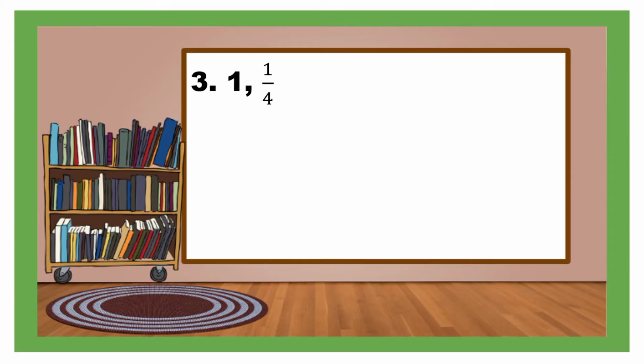Number 3, 1 and 1/4. The answer is 1/4 because 1/4 divided by 1 is equal to 1/4. Number 4, negative 10 and negative 50.